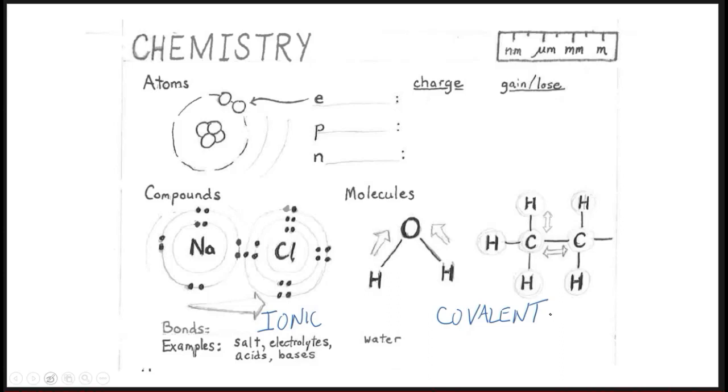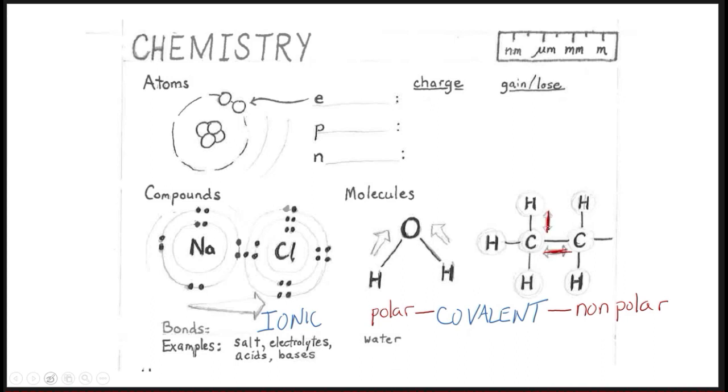Let's start by expanding on our idea of covalent and know that there are two different types of covalent bonds. These guys over here are non-polar versus these guys over here, like water, are polar. And this is because between the carbons here, they share electrons equally.